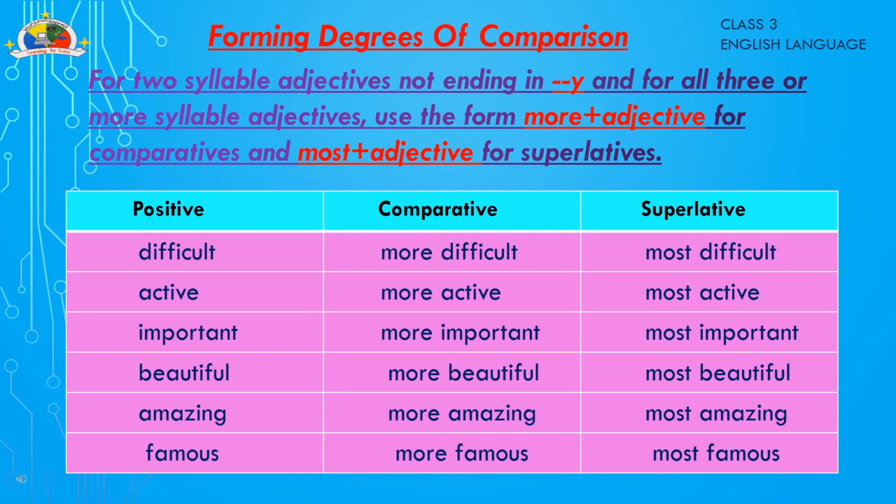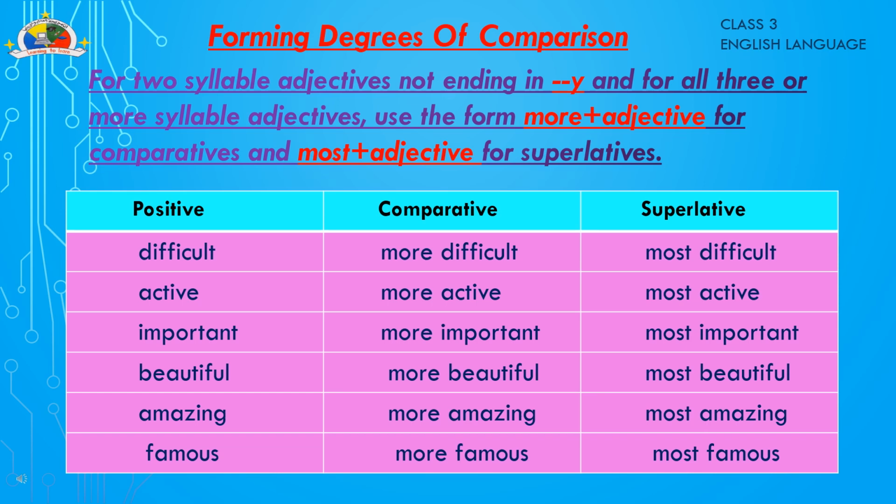Remember, for two syllable adjectives not ending in y and for all three or more syllable adjectives, use the form more plus adjective and most plus adjective. For example, active. As you can see, it is a two syllable adjective but it doesn't have y. So the comparative form is more active and superlative is most active.